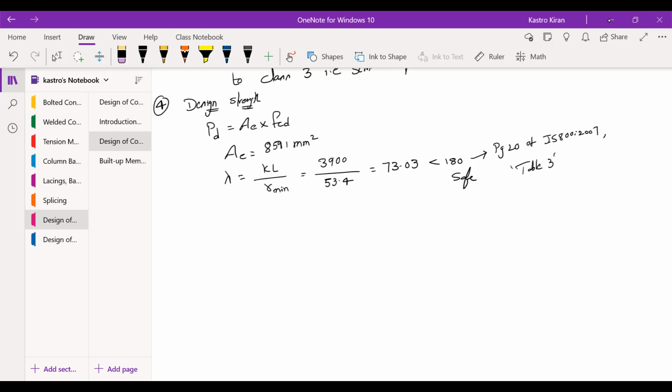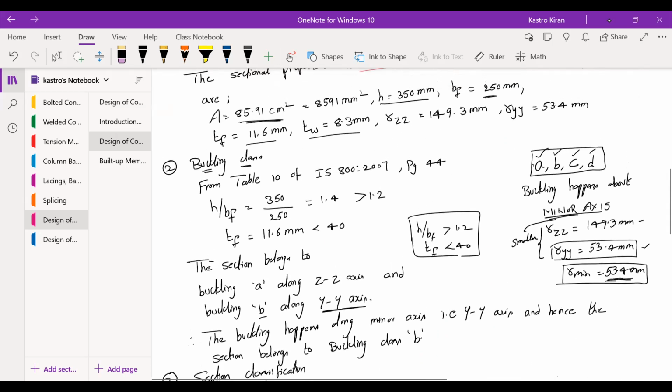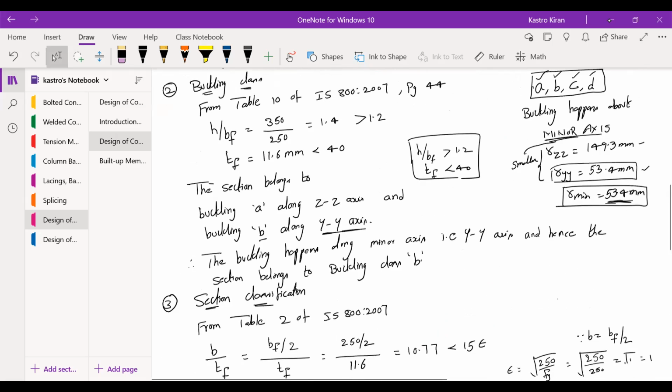You need to refer to the IS 800 2007 code book. So how are you going to refer to your buckling class? Based on your buckling class, you have to refer to the IS 800 2007 book. So the buckling class is B, right?